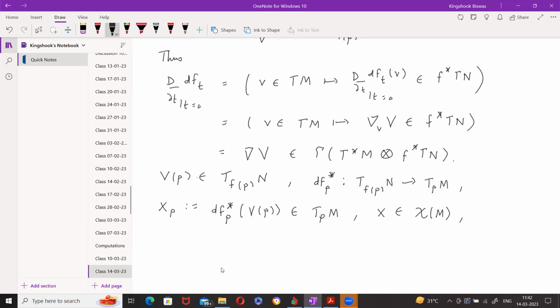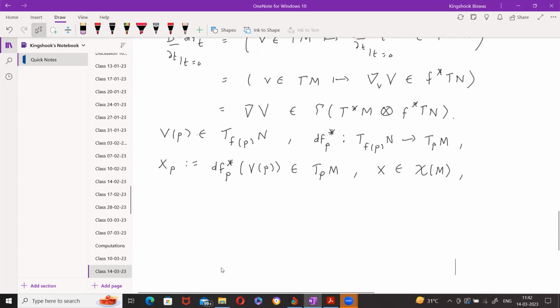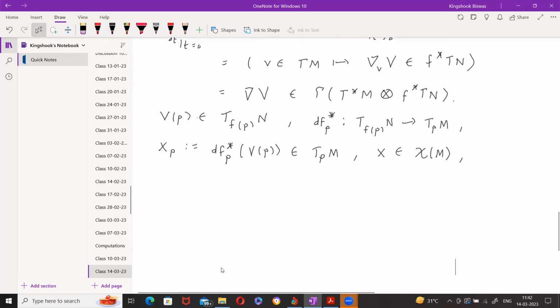Is this all right? So if I let EI be an orthonormal basis of TPM, then what is the divergence of X at P?